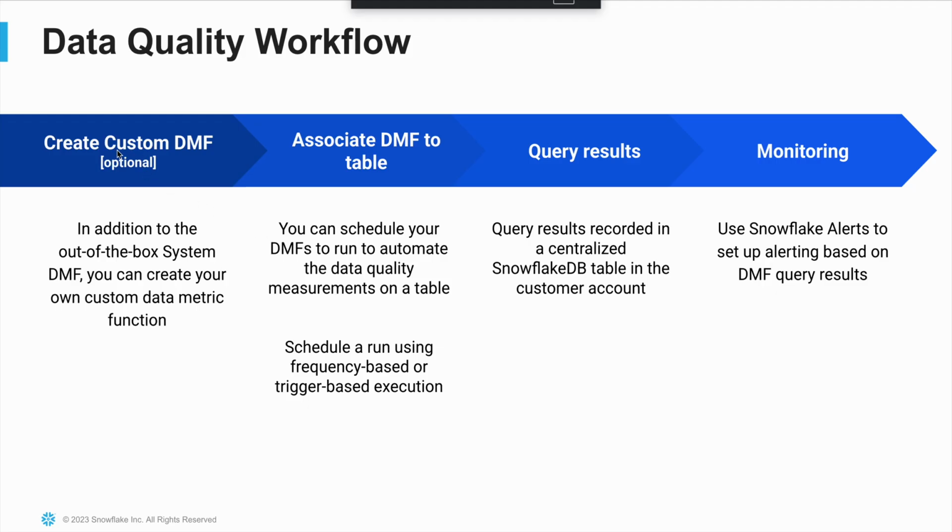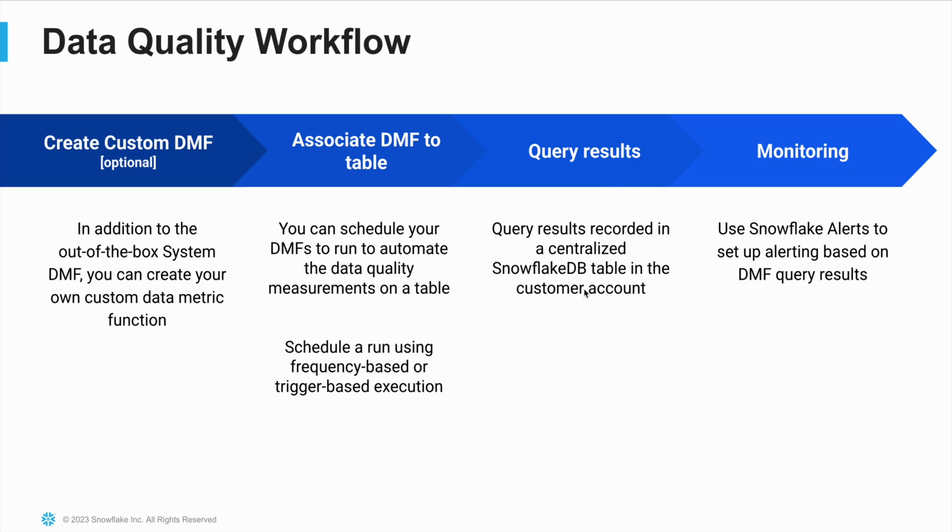Jumping back here, so we went through this workflow of creating a custom DMF for invalid email count, but you could also just use one of the built-in DMFs like null or duplicate count. You then associate that data metric function to a table and a specific column, and you schedule the frequency that you'd like it to run on instead of manually trying to run that DMF yourself.